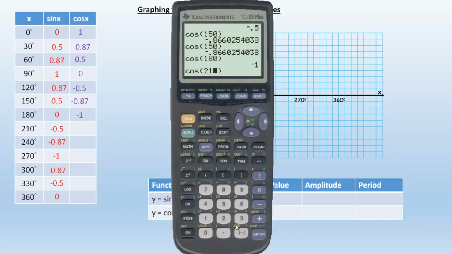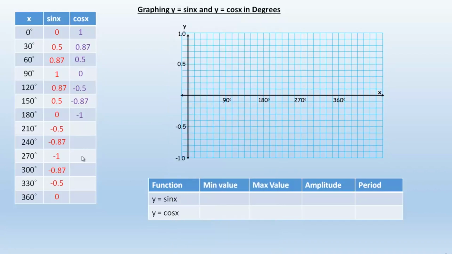Whoops. 210. So this is going to be negative 0.87. And then the 240. So that's going to be negative 0.5. And the 270 is going to be 0. So negative 0.87, negative 0.5, and 0.